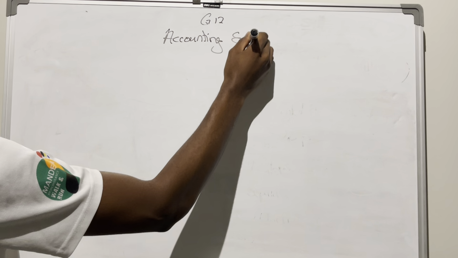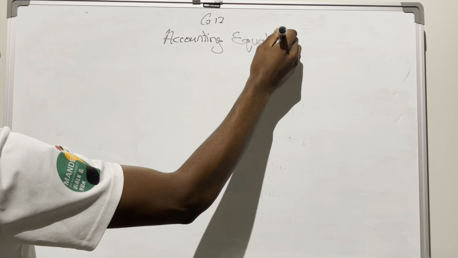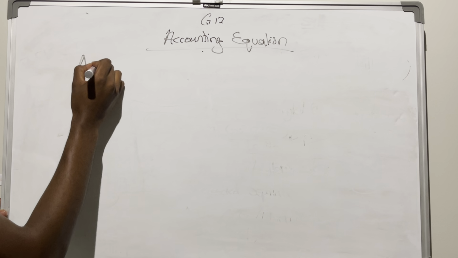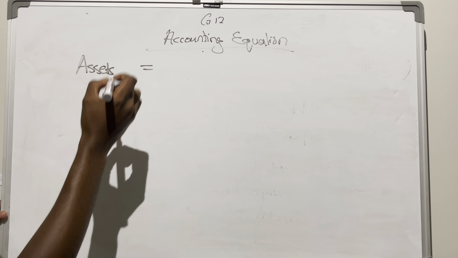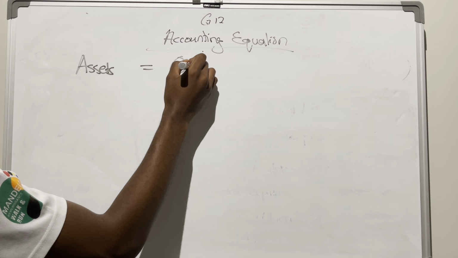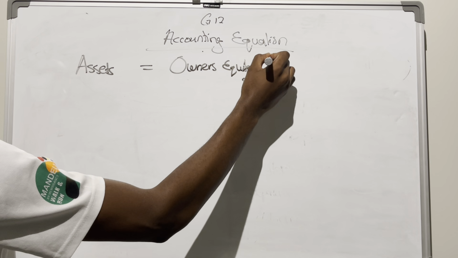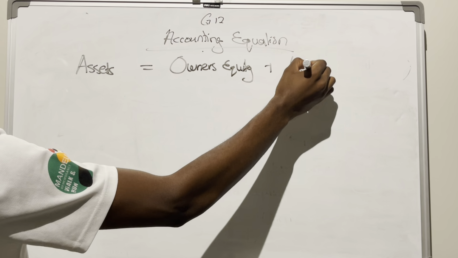What does the accounting equation state? Again, it says that your assets are equal to your owner's equity plus your liabilities.